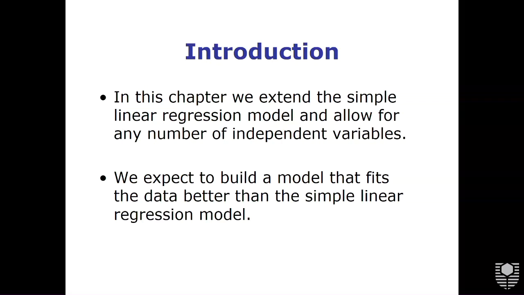And then question number 6. We'll provide some questions for you to answer, but it will be easy. We expect this model to fit the data better than the simple one, because we're going to have more independent variables. If you remember last week, the example was about the odometer and the price of the car.